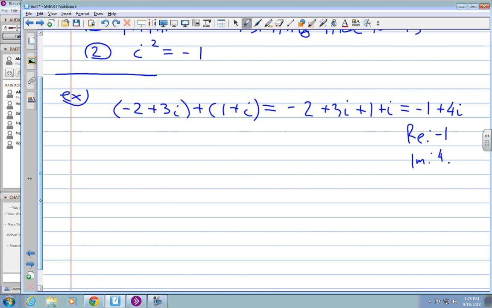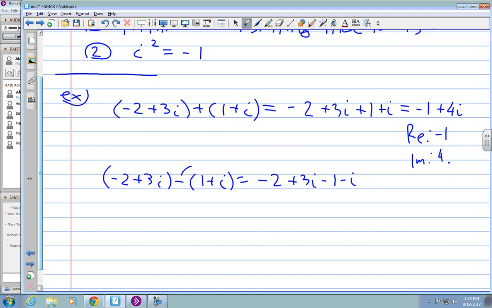If I ask you to subtract -2 plus 3i minus 1 plus i, so just like with regular binomial operations, just open up the parentheses. So the negative sign will go in. We'll make it -1 minus i, right?